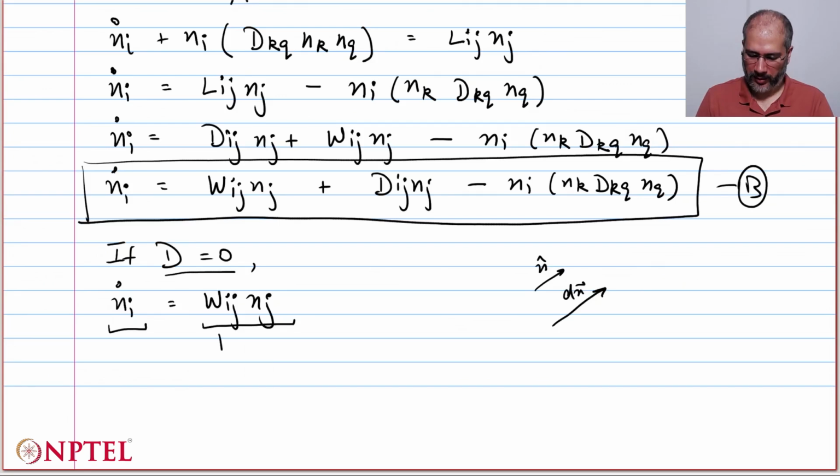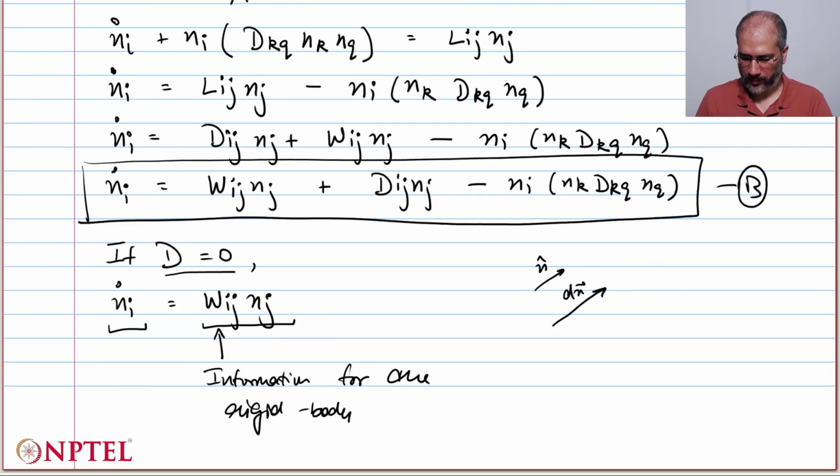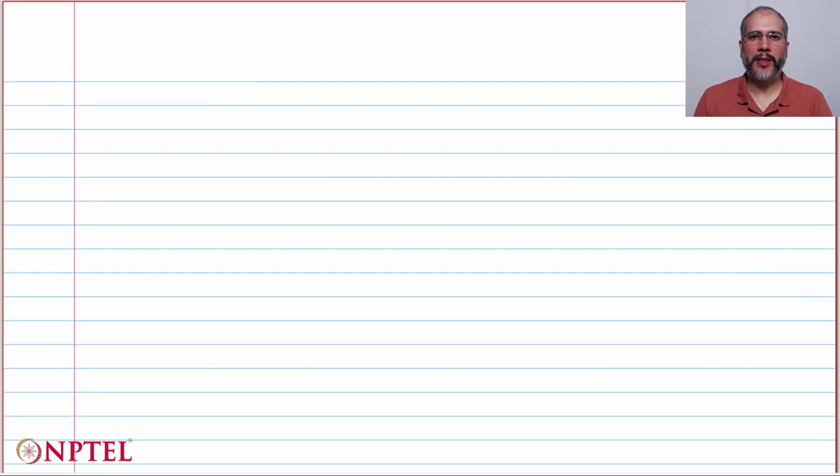So w contains the information for the rigid body rotation. And this is the reason it's called a spin or a vorticity tensor, because it creates a spin in the material. Now this was for the case when d is 0.